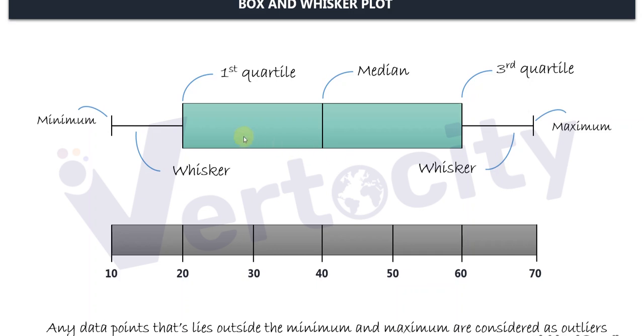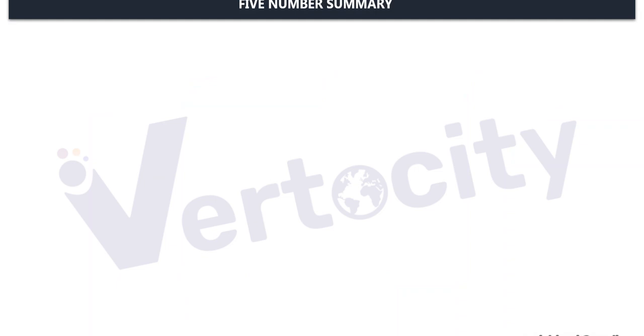Any data points that lie outside the minimum or maximum value can be considered outliers. We'll see outliers in detail in the upcoming sessions. As a simple definition, a box plot summarizes data using the minimum, lower quartile, median, upper quartile and maximum values. It allows us to see the important data at a glance.